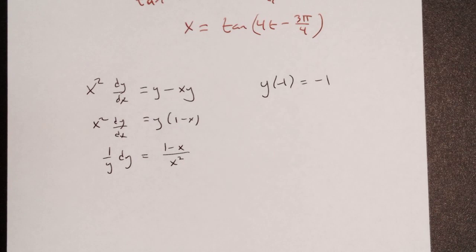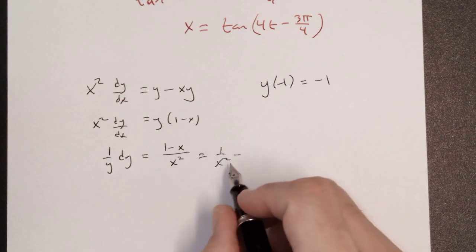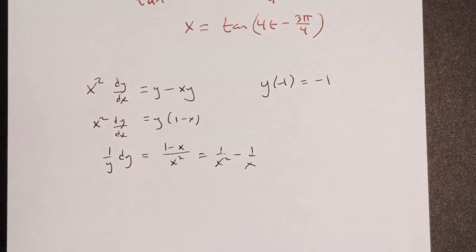So I'll rewrite that as 1 over x squared minus x over x squared. Wait a minute, that's just 1 over x. That means the integration on the right is now power rule and ln's. Nice and easy. The integration on the left is ln's. Nice and easy.